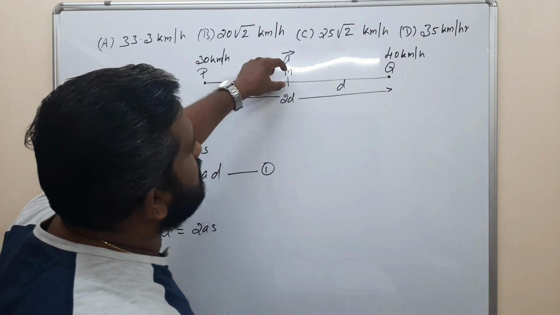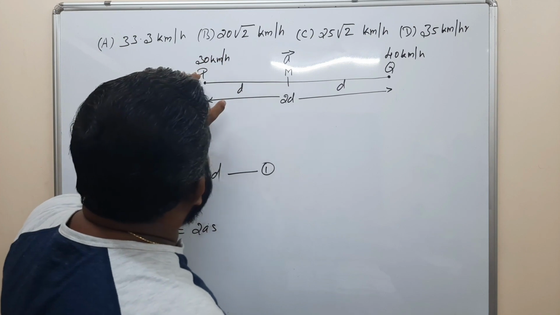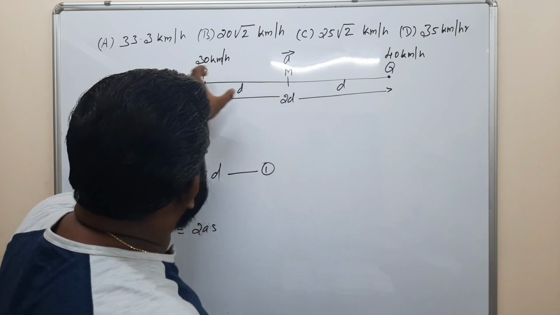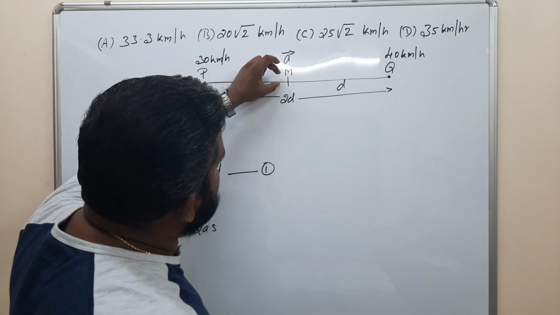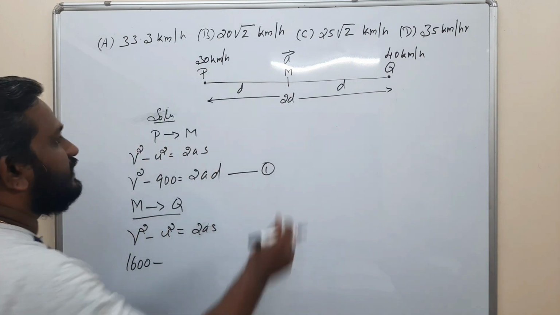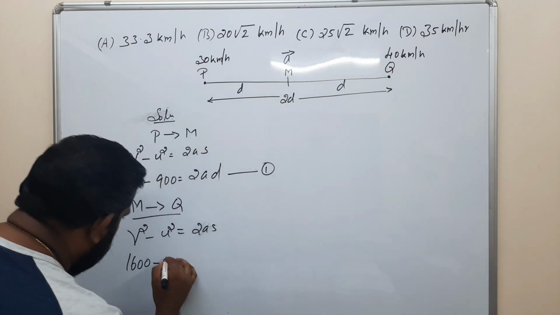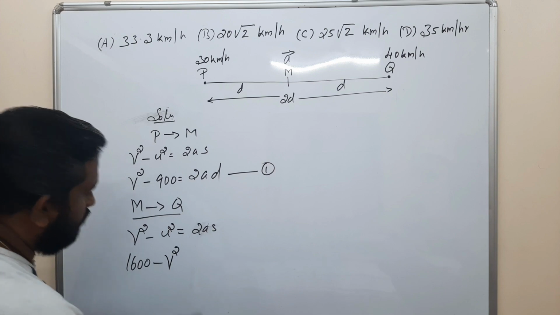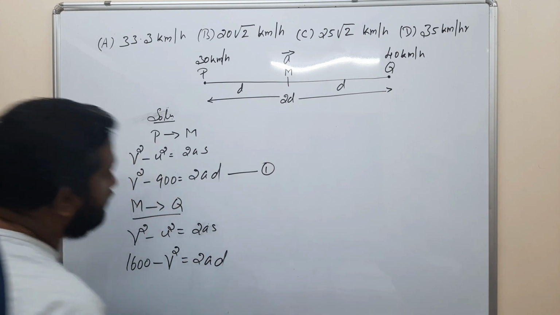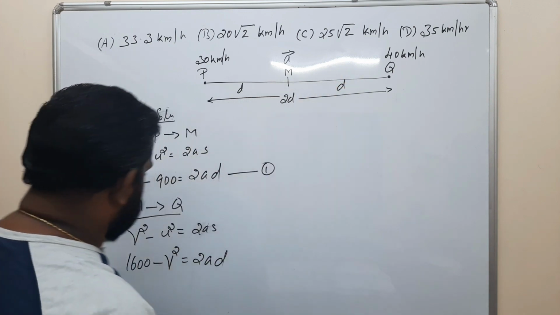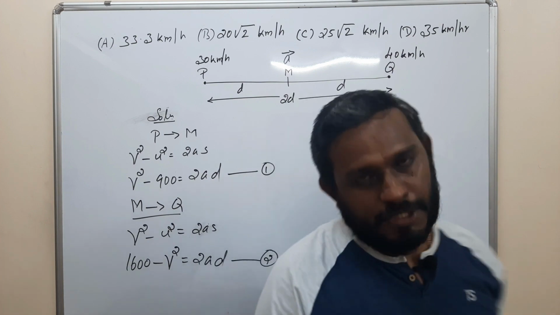What is the initial velocity at the point M? The final velocity from P to M, attained at the point M, that is V, is the initial velocity for M to Q. So that is V square, is equal to 2AD, as the distance between M and Q is D. Take it as equation number 2.